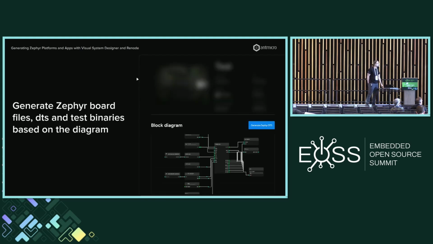And we want to change that not just for dev boards, we want to change that for any kind of custom boards. So in fact, what we do is based on the structured device tree data that Zephyr has, we parse that, we analyze that, and we can generate board files, device trees, and test binaries. And when you do that, you realize that, oh, I could actually have a test binary for anything. Of course, having some assumptions in place and so on, but generally speaking, Zephyr is very flexible in explaining how things should be connected.